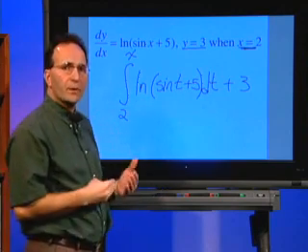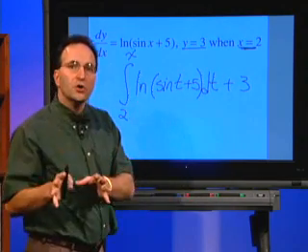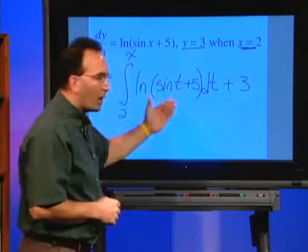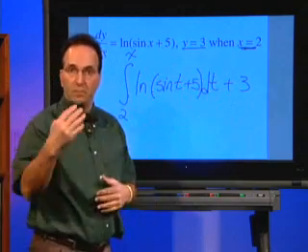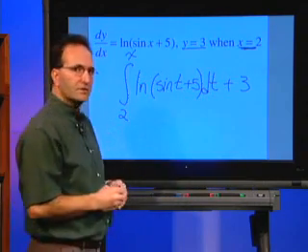In other words, if we were to evaluate this integral at 2, which is the initial condition, then this part would drop out, leaving us with the plus 3, which would be the value for y, which is what we're interested in.